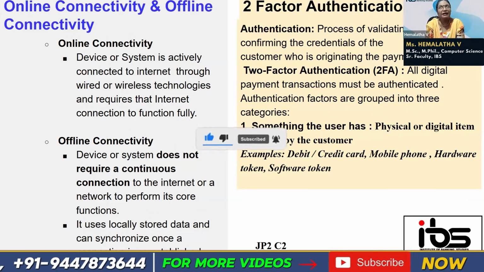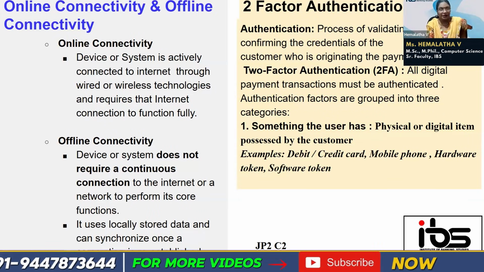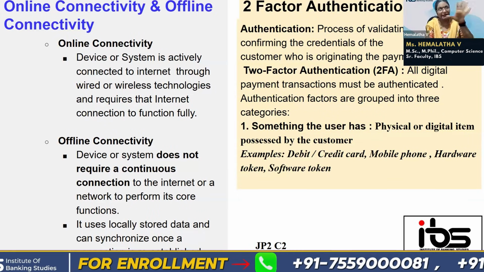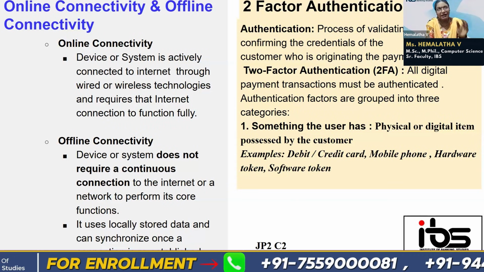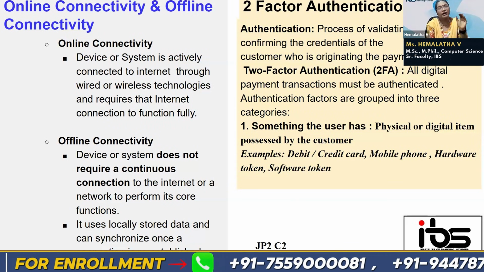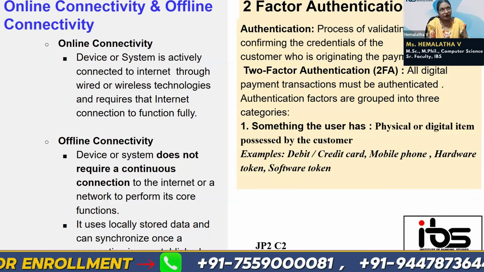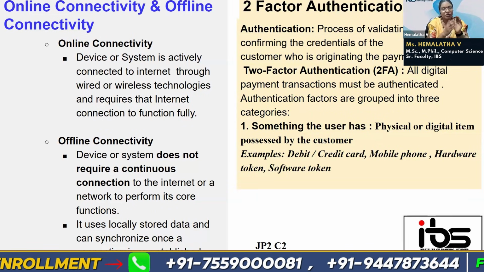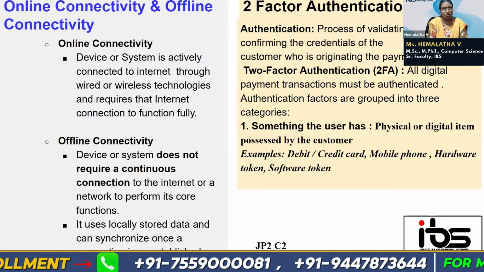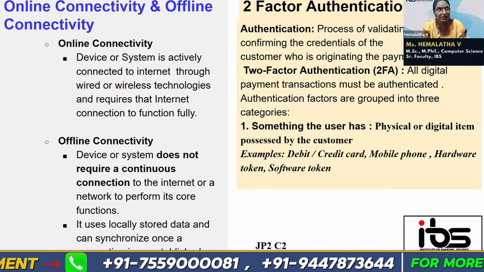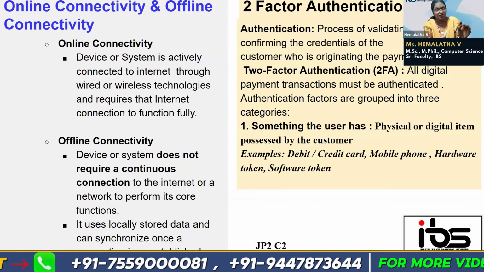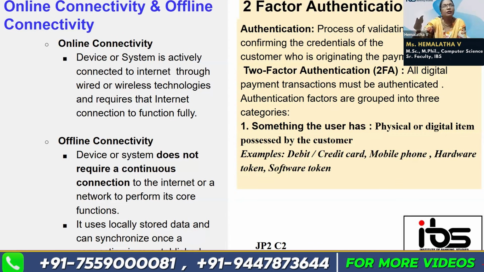Later on, when the net comes, it goes to the other side. Remember it like that. Offline connectivity does not require internet continuously. It is all stored in offline documents. You do all the modifications in the document, and once you connect to the net, it is all posted there.